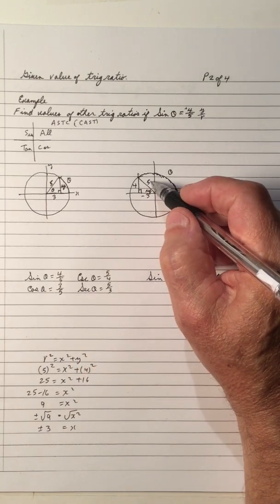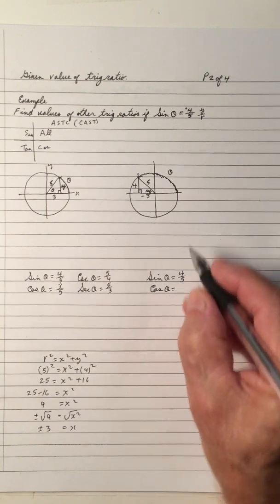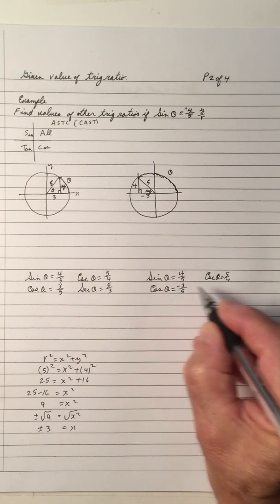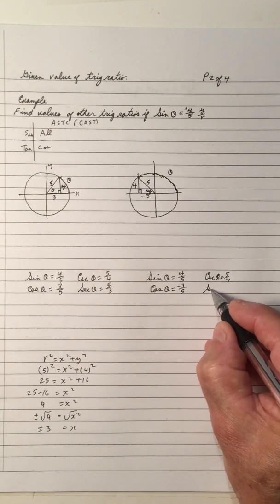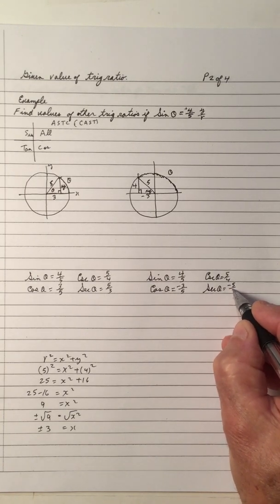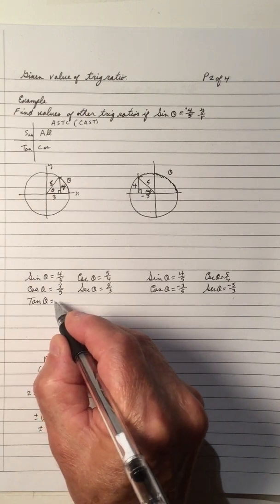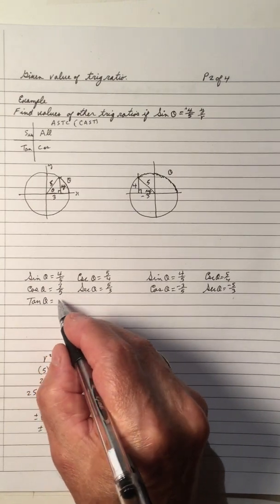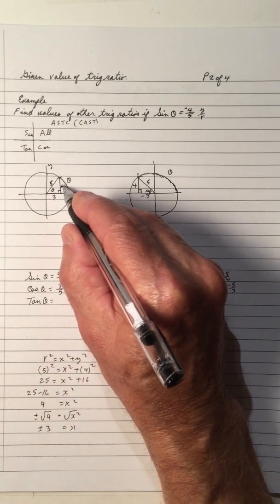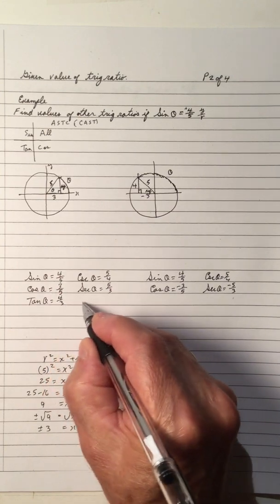And in this diagram, cos is the x over the r, which is -3/5, and the secant theta is the reciprocal, -5/3. And tan is the y over the x, so the y is 4 and the x is 3, so that's 4/3.